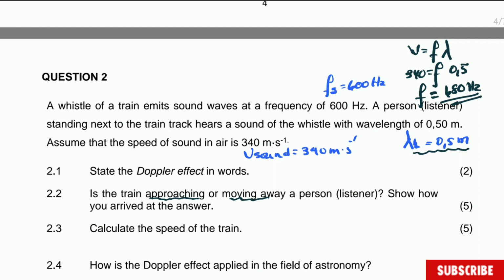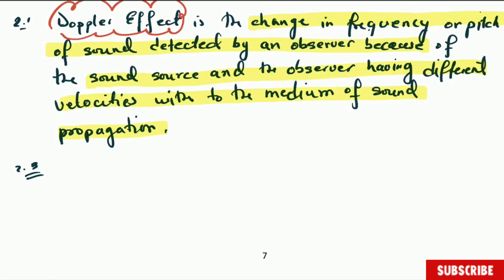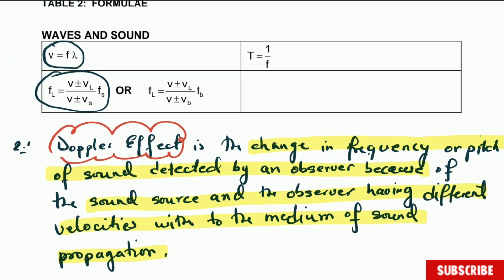And now if you can see here, the frequency produced was 600, but the frequency detected is 680, and therefore the train is approaching, it is moving towards. Okay, so for question 2.3, we come into the formulas.